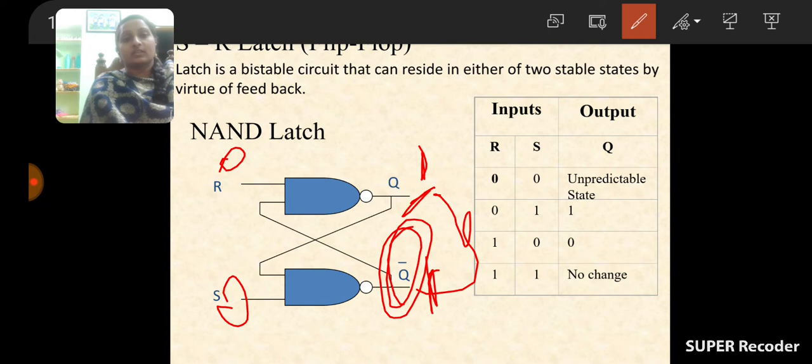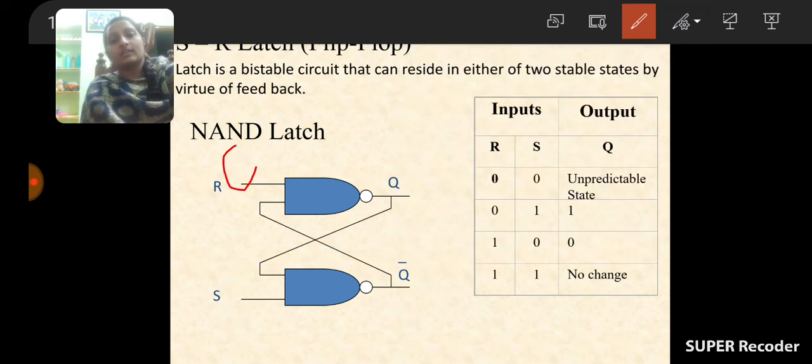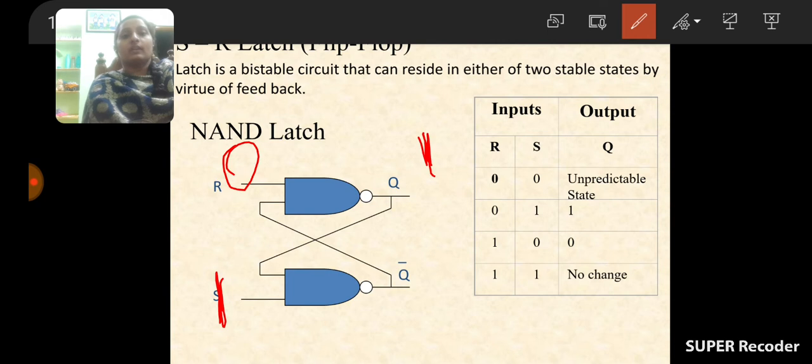Okay, see the truth table. Coming to the next one, R equal to 0 and S equal to 1. If any input is 0, the output is 1. Now this 1 is connected back to the other gate; both inputs are high, so we get 0.